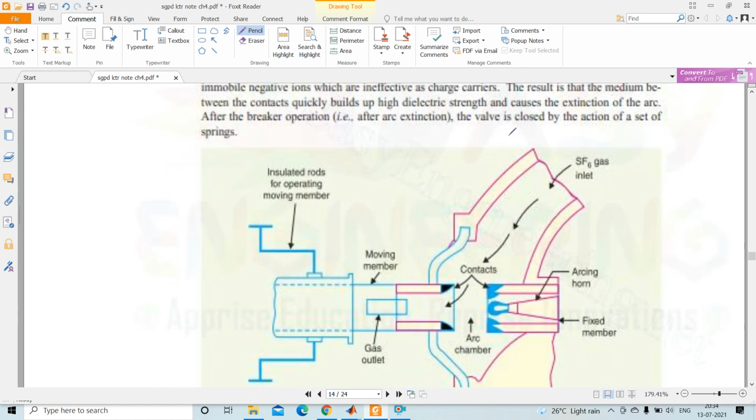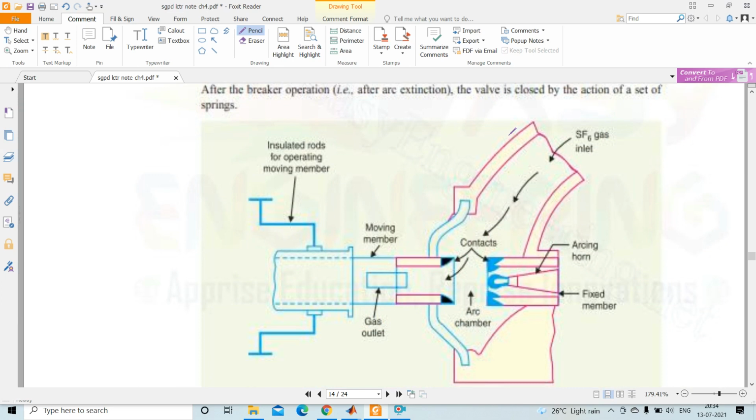See, this is the construction diagram of the SF6 circuit breaker. This is your fixed member, this is the moving member, which is a kind of hollow structure. There is a gas outlet over here.